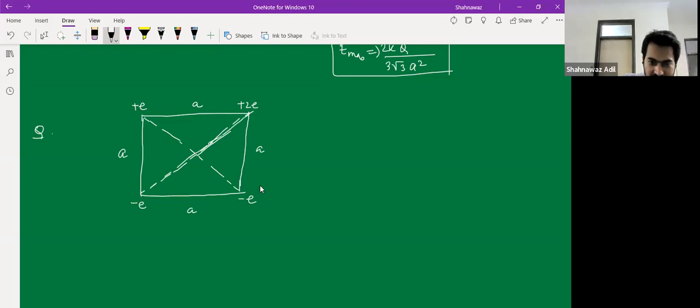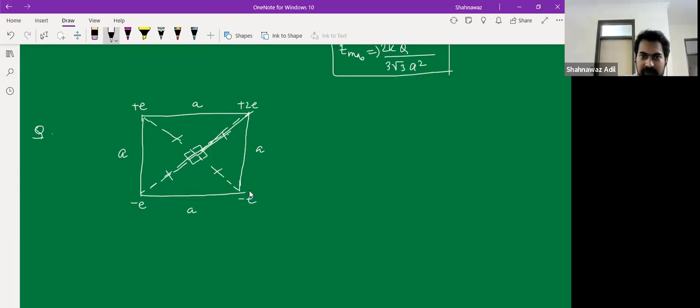The diagonals are equal and they bisect at right angles. All these sides are equal, and these angles are 90. This is the property of the square.